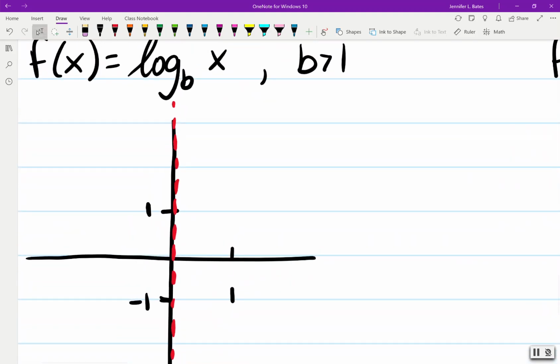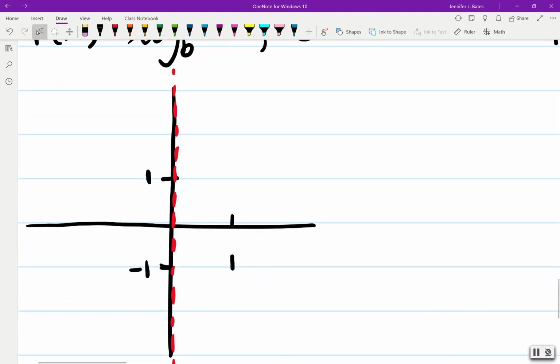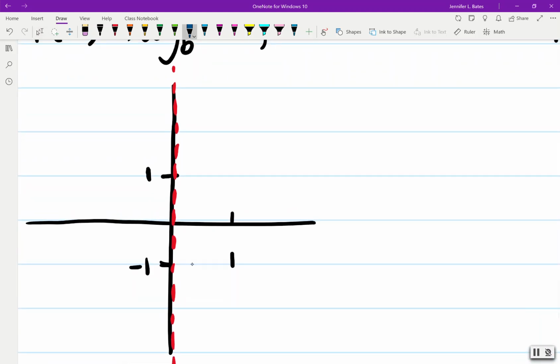Now, when b is greater than 1, I'm thinking about those 3 points that I want to graph. So I'm graphing 1 over b, negative 1. So 1 over b, negative 1 is going to be somewhere down here. (1, 0) will be here.